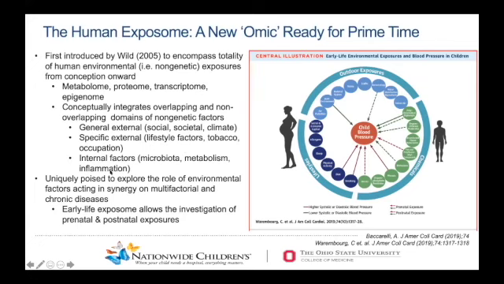So this is really uniquely poised to explore the role of environmental factors acting in synergy on multifactorial and chronic diseases. And the early life exposome allows the investigation of prenatal and postnatal factors. I'll just refer to this publication that looked at the early life exposome in relation to pediatric blood pressure.